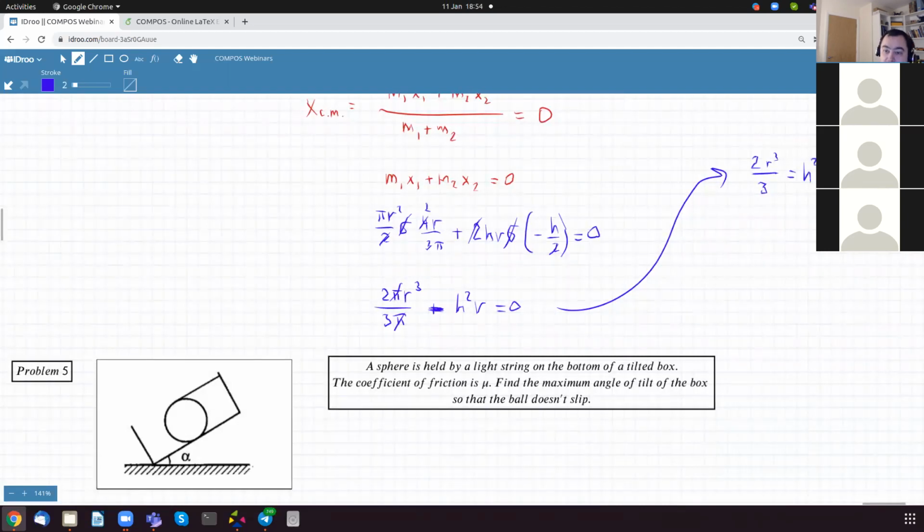Dividing both sides by r, we're allowed to do that because r is not 0. So we divide both sides by r. And we need the ratio of h over r. So h squared over r squared from here is equal to 2/3.